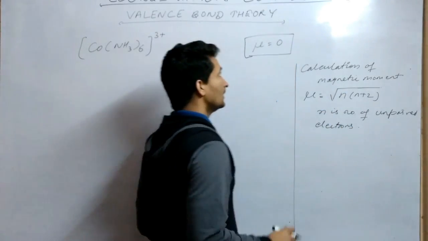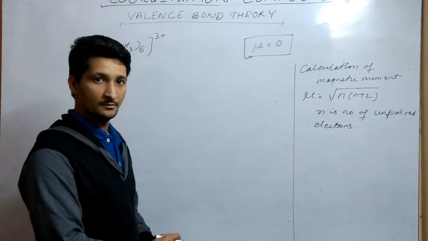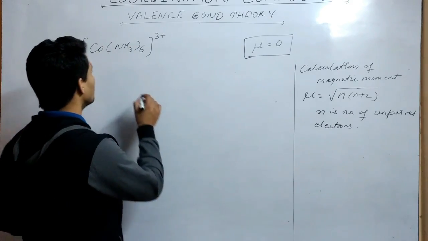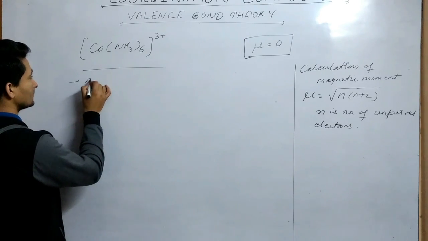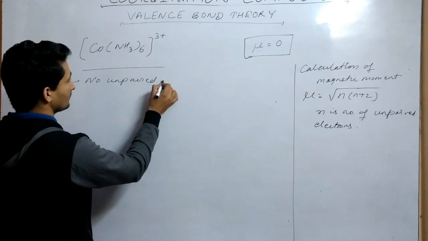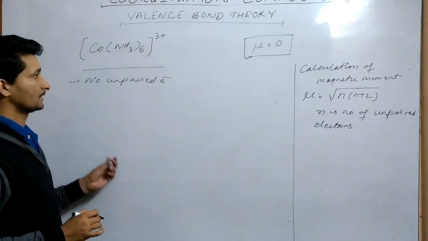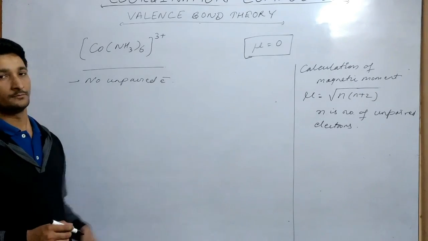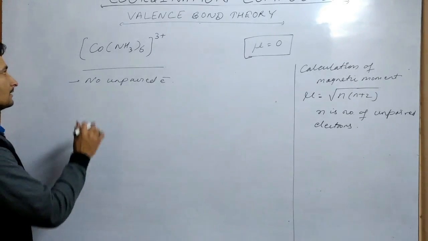So if the magnetic moment of this compound is 0, what can be concluded? That it has no unpaired electron. Note it down, and now I will move on to finding the hybridization of this compound.